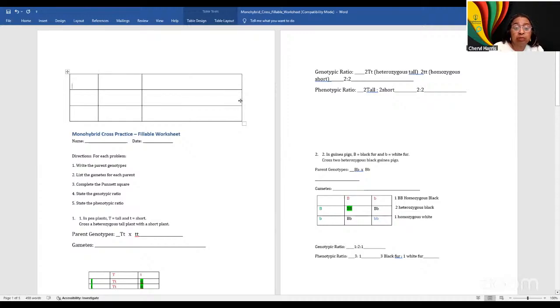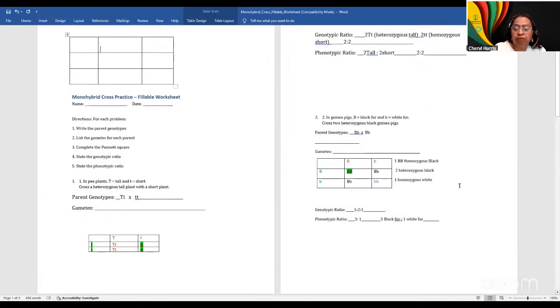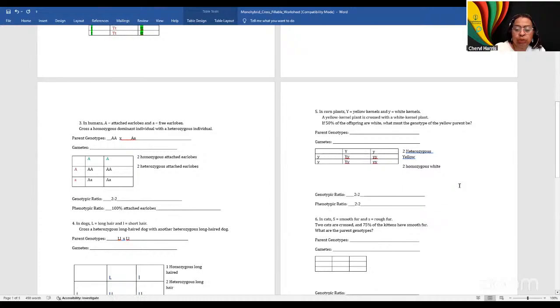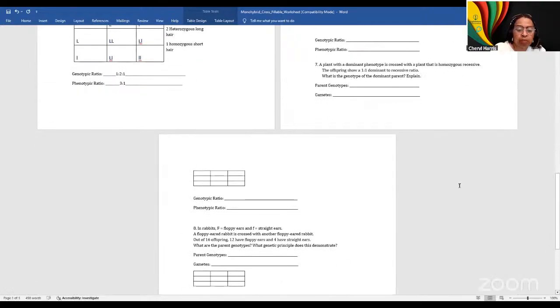I just thought mine was huge, so I like it smaller. Then you can put one parent across the top, the other parent across the side, and then you have these 4 boxes to fill in the rest. You needed to have one of those for each question, so each question should have a Punnett square box.